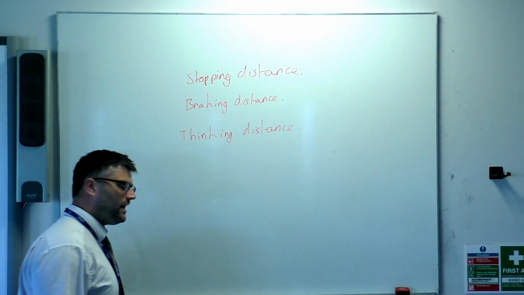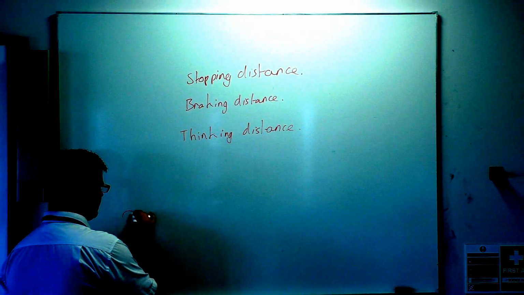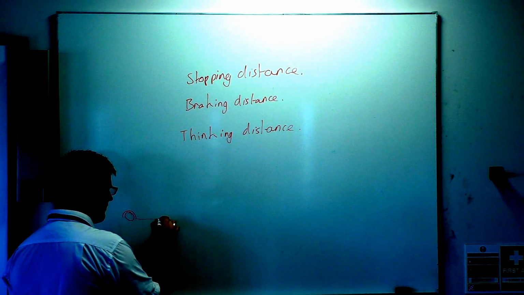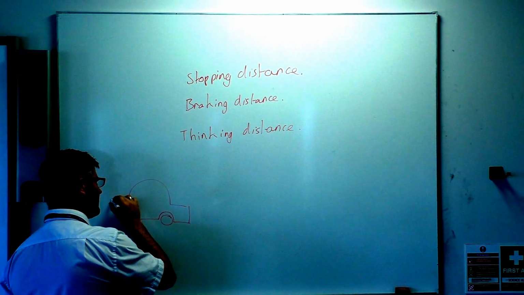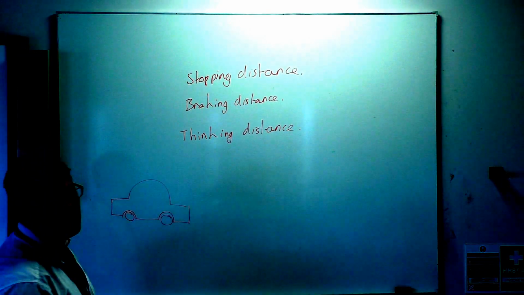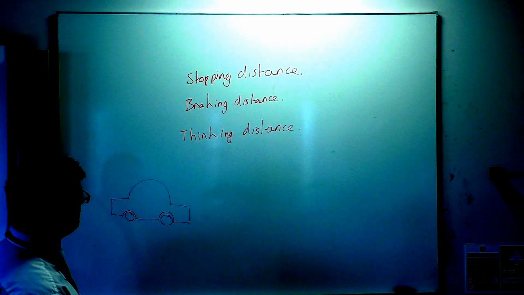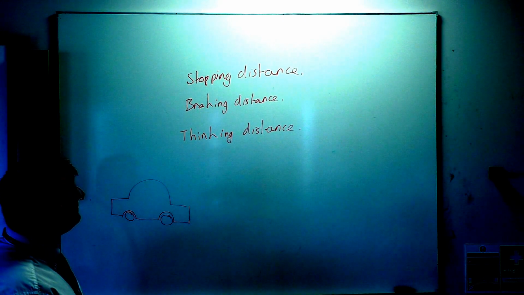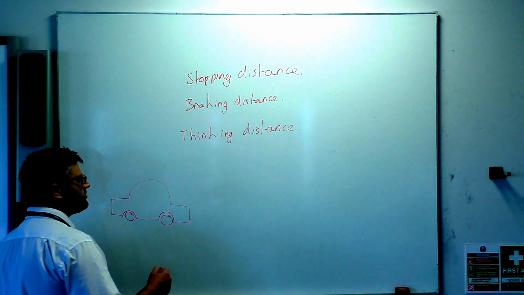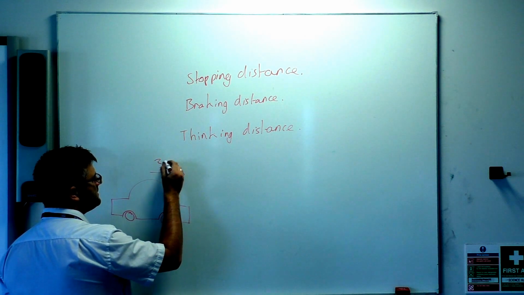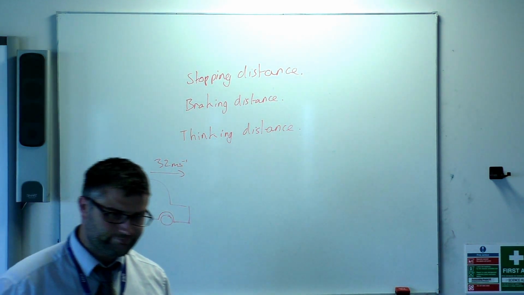So we're talking about a car that sees something in the road, and in this case, it's a cat. There's a cat in the road. It's not a very bright cat. It doesn't want to move. It's not even realised there's a car coming, and we're going to see whether or not the cat survives the encounter or not. So essentially what we've got here is a car travelling at 32 metres per second.